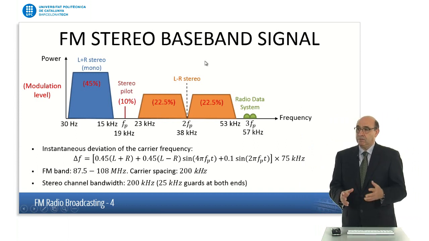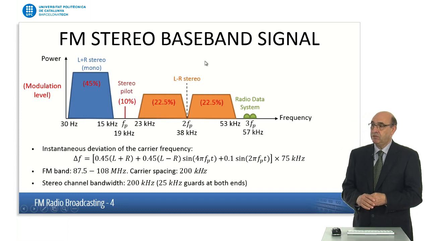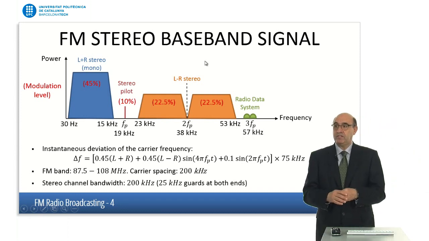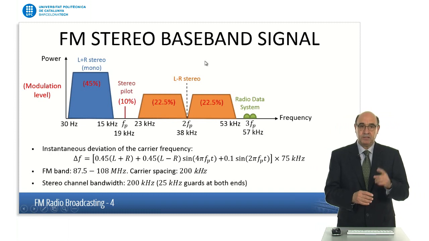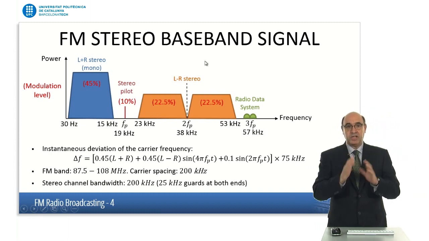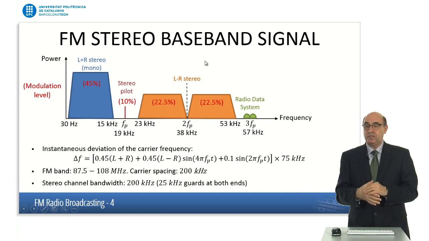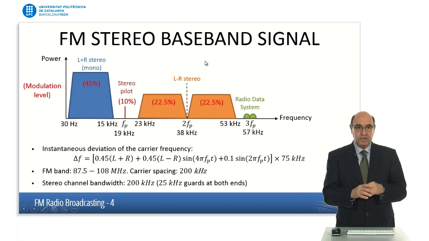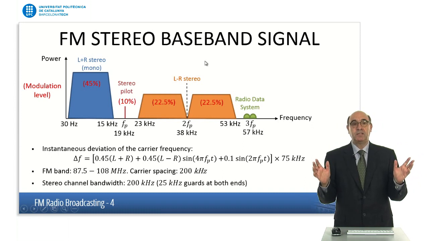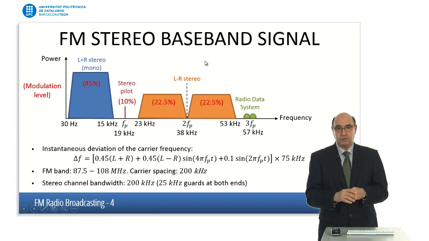Now, FM stereo was built after monophonic, where they were just sending one single channel of information. To bring the stereo signal, on top of this, you have to broadcast the left and right channels that you have recorded.